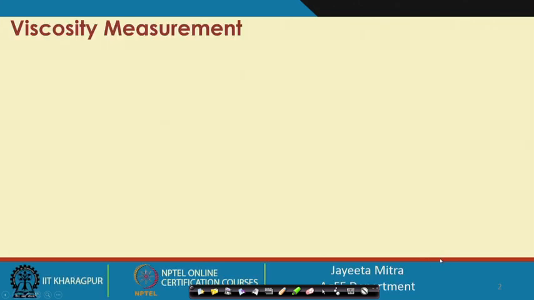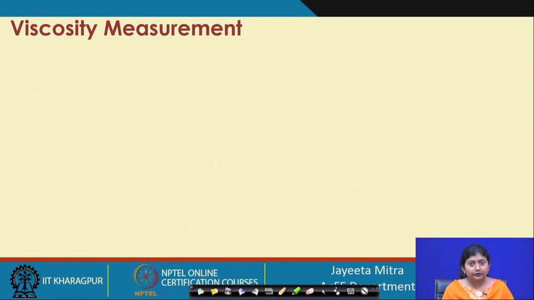So, first is viscosity measurement. We know that viscosity is the most important rheological property of fluid food. And if it is a Newtonian fluid, we call it viscosity, and if it is a non-Newtonian fluid, we call it apparent viscosity. So, basically we try to develop a relation between the shear stress and the shear rate.